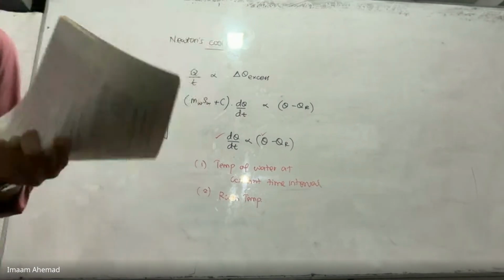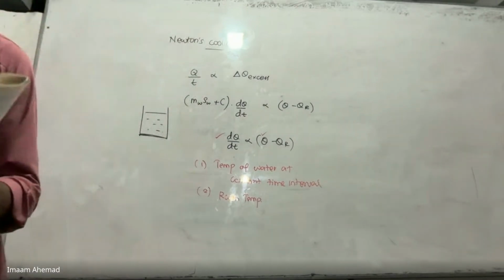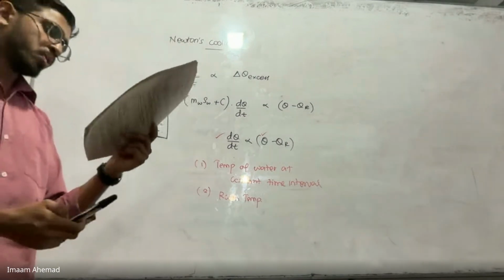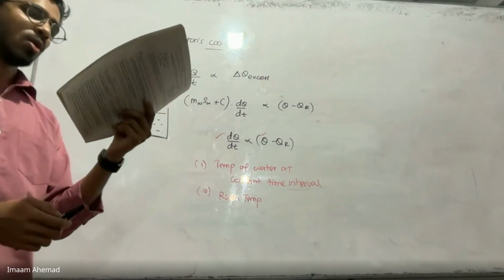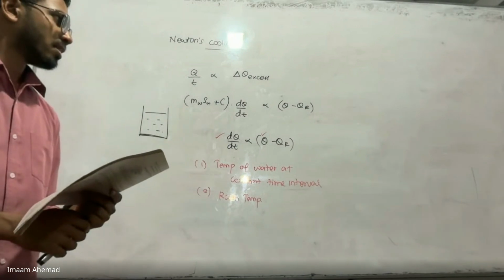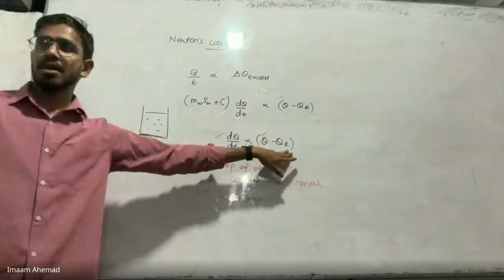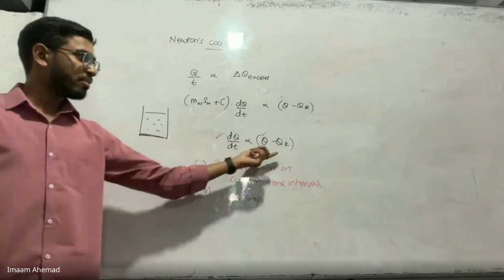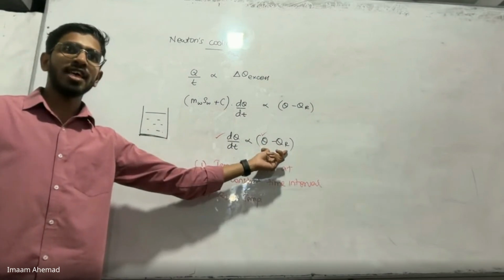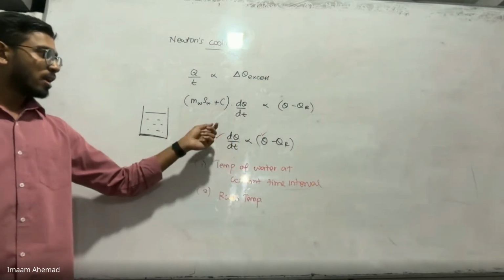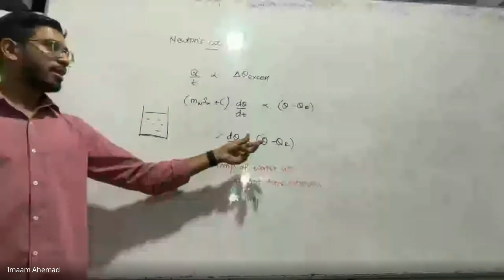Okay, we have to plot two graphs to prove Newton's law of cooling. So we can plot this graph. We can verify that d theta over dt, the cooling rate, depends on the temperature.